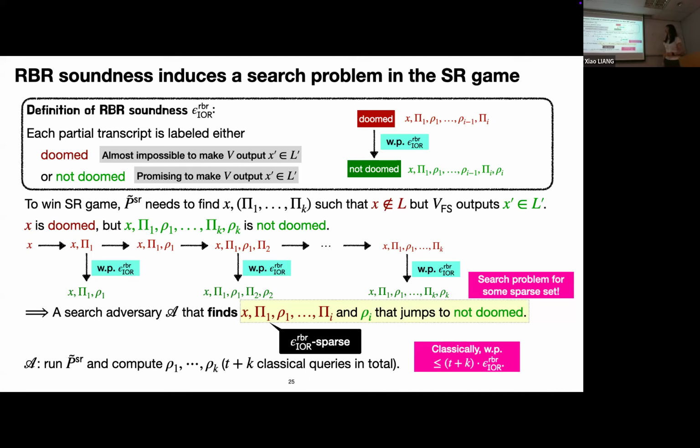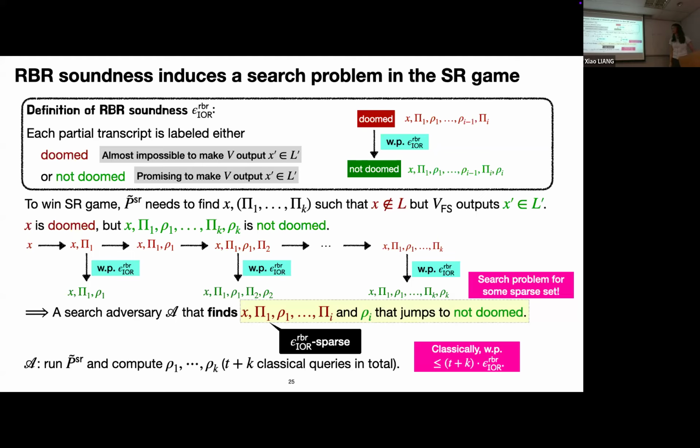Yes. I see. So it's basically derived from how the state restoration prover could win the game. You can think about this as some search problem: for any round-by-round sound IOP, you can think of the way to win the state restoration game as winning some search problem in the sparse set.